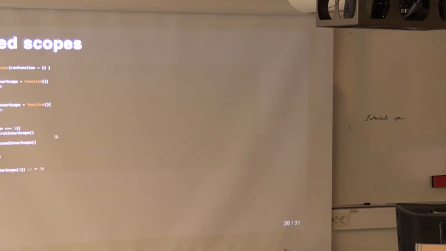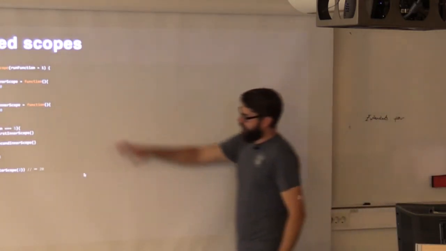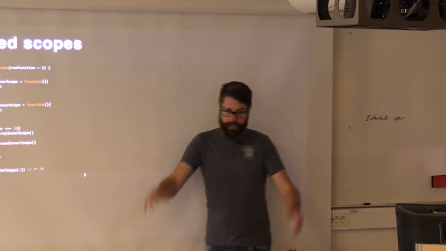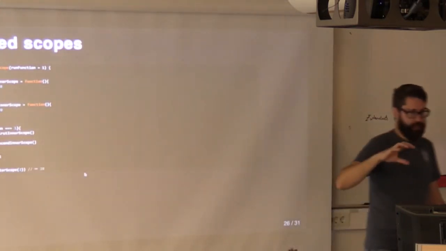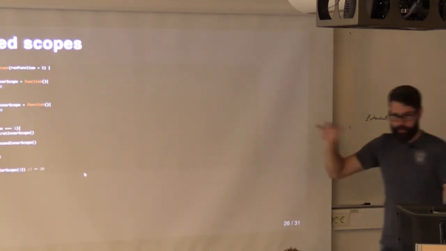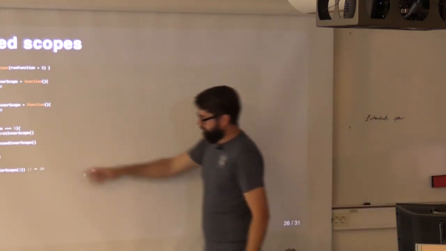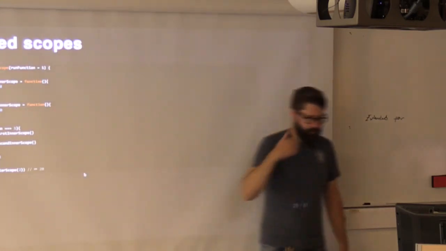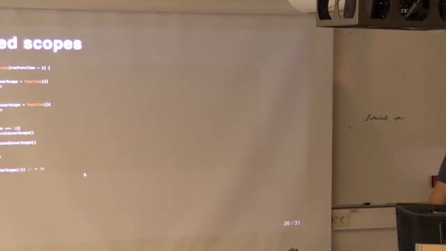Yeah, nested scopes. I've touched upon this already, but inside of outer scope, you could have functions inside of a function, and they will create their own scopes. And of course, as I said, outside of the outer scope, you can't invoke functions of the inner scope.